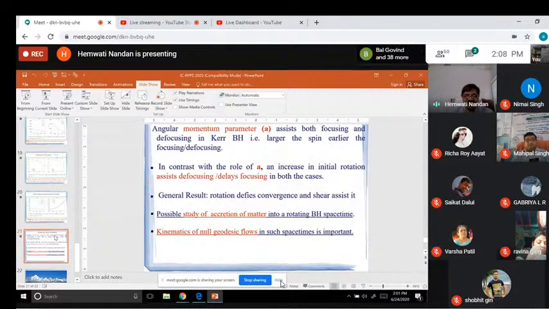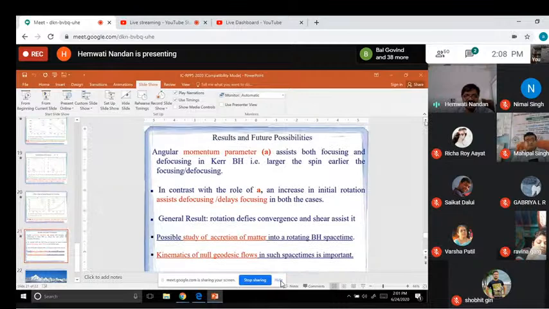And let me try to summarize the results and the future possibilities in this direction. The angular momentum parameter A, which is J by M, actually assists both the focusing and defocusing in the Kerr black hole case. Larger the spin, earlier the focusing or defocusing.